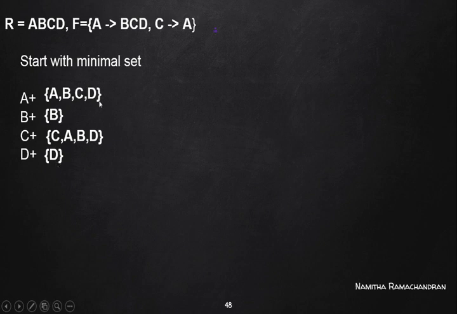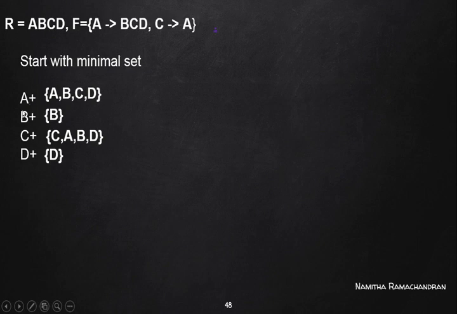Okay, so again consider our previous assumption: A is present in the LHS part, yes, in the given dependency A is present in the LHS part. That means there is a possibility for A to be a candidate key. So derive the closure, then conclude whether it is a candidate key or not. From this closure set, it is clear that A can derive all the attribute values of our relation uniquely, because all the attributes are listed in the closure set of A. So A is a candidate key.